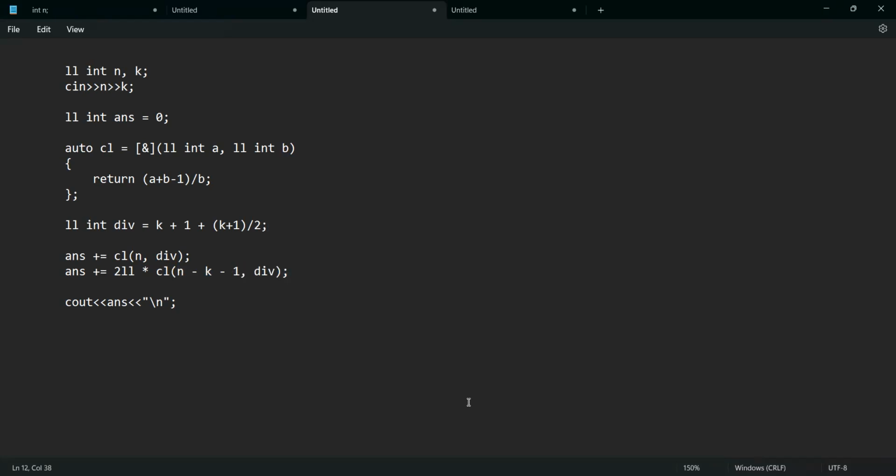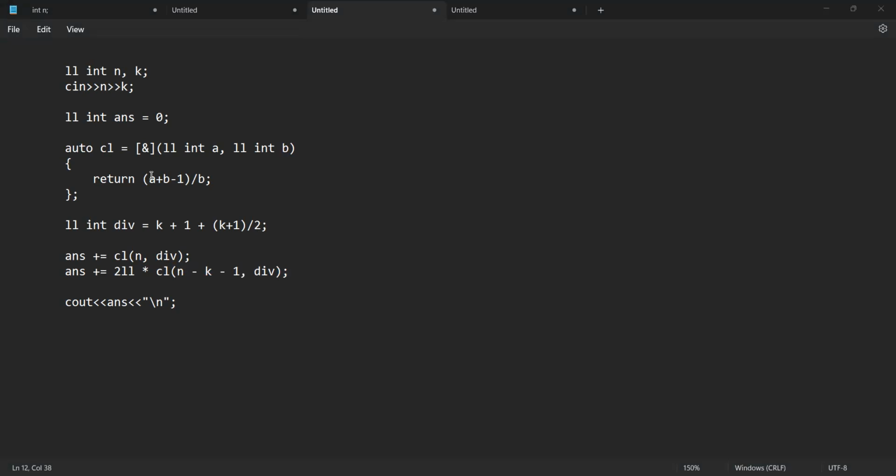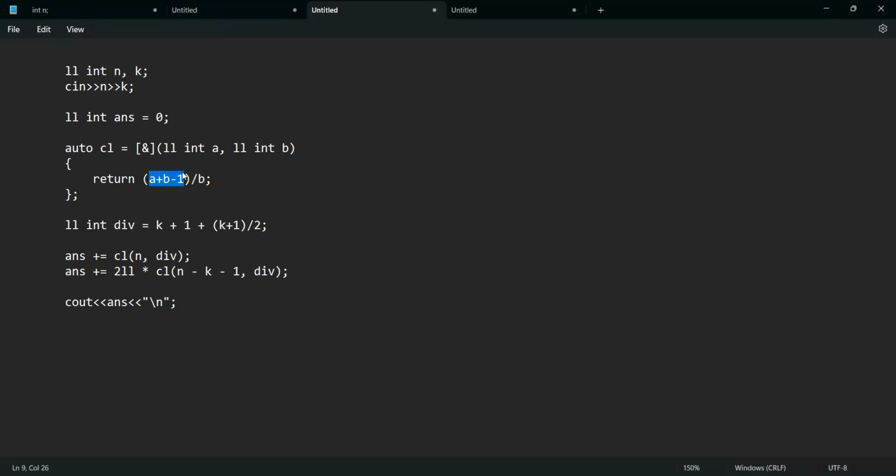Yes, no, anything? One doubt I have. When we are taking the ceil, we take ceil by adding plus 1 by something. No, why no, minus? This is how you take ceil. Okay. Like I said, why does the ceil function not work? Ceil function works. Why won't it work? You can use ceil function.